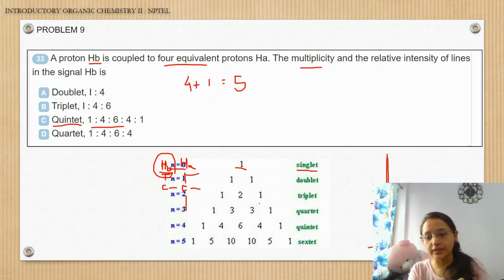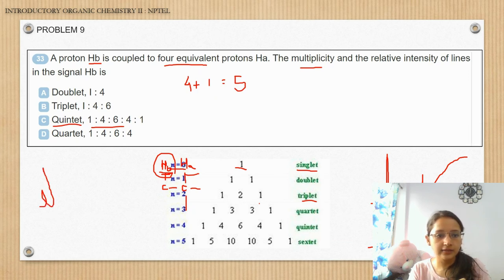The two doublet signals would have the same intensity. When we are discussing a triplet, the intensity would be 1 is to 2 is to 1. So the A and C peaks have similar intensity, but the middle peak has twice the intensity. So you have to keep this triangle in mind.